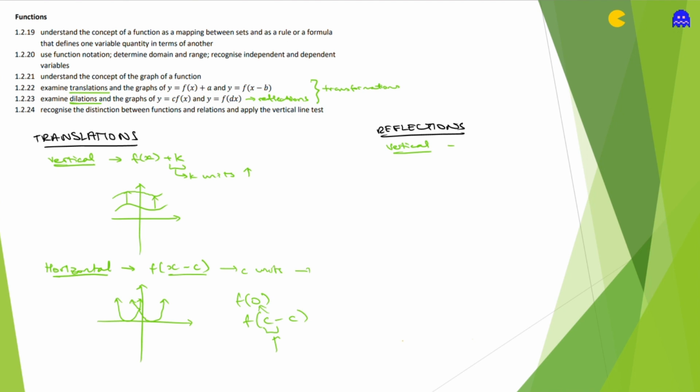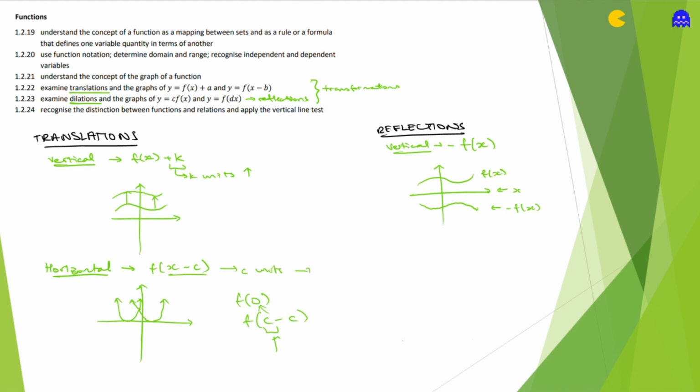And it looks like negative f of x. So where we were looking at vertical dilations by a scale factor of a, we now have a negative value. If we look at our initial function, say this function here, it will be reflected in the x-axis, and as a result, it'll be reflected like this. This is our line negative f of x, and this is f of x.